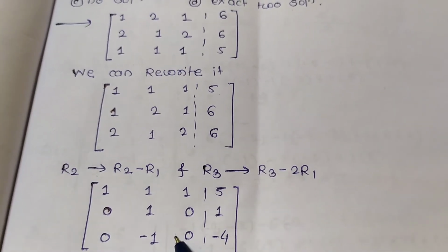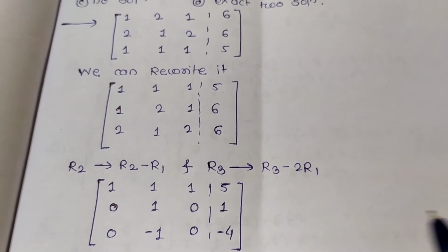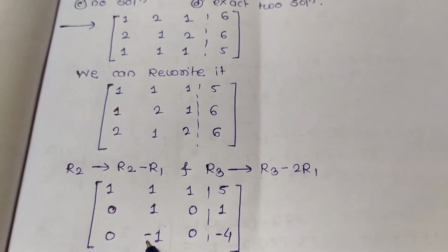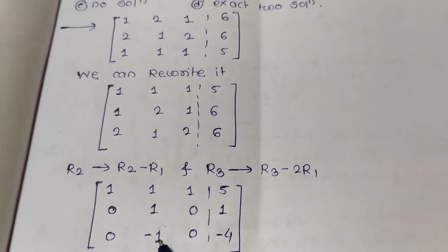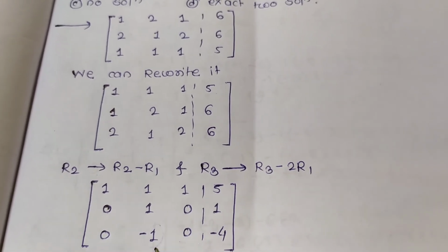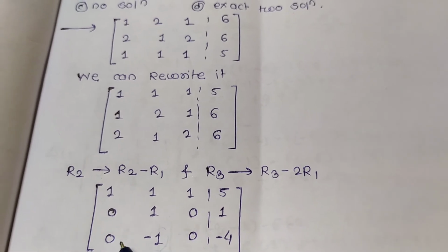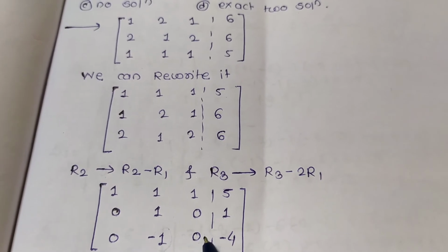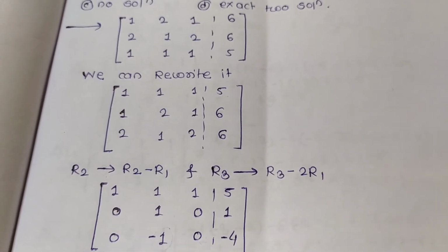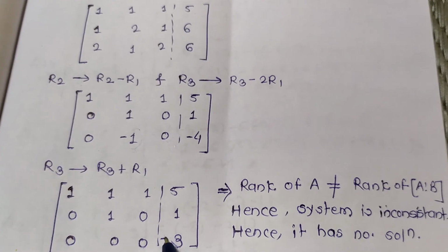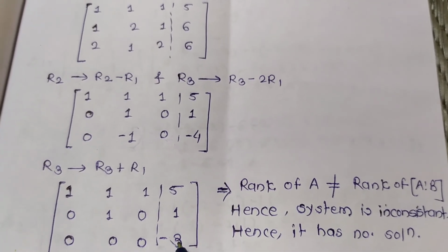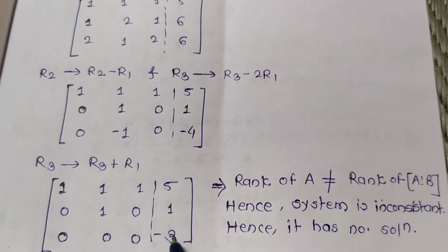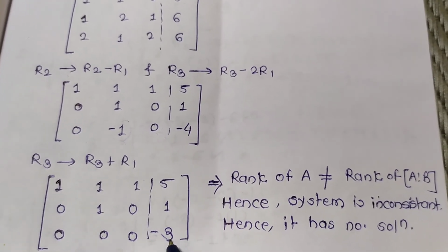We get these values. Now we can make 0 here if we do R3 plus R2. Then we get the row 0, 0, 0 for the A matrix. But when we do R3 plus R2 in the B matrix, we get minus 3.